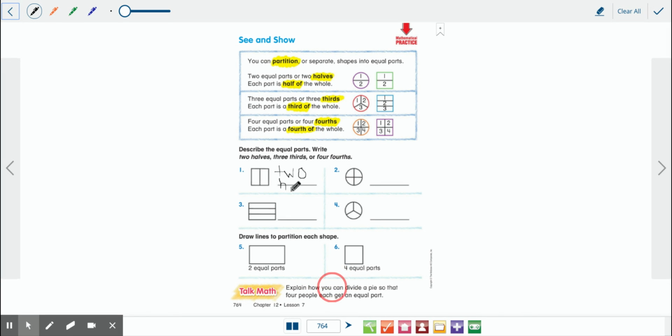I'm writing it on top of each other like that so I have more room. Now number 2 I see is broken up into 4 equal parts. So we have how many fourths? 4/4.